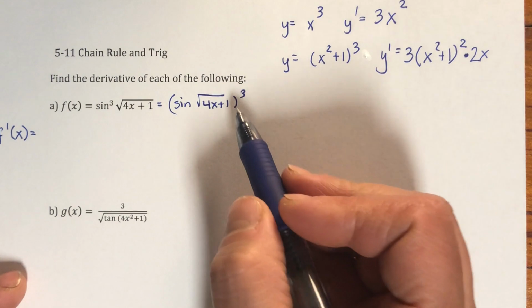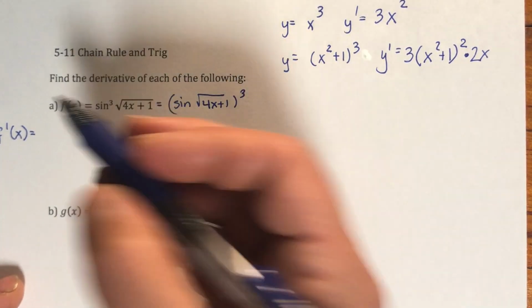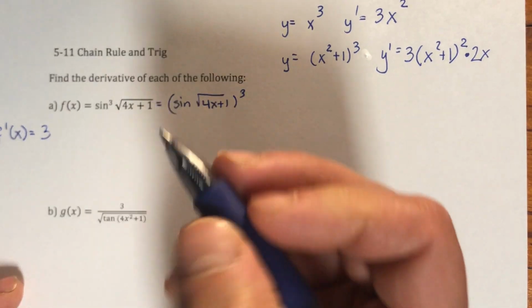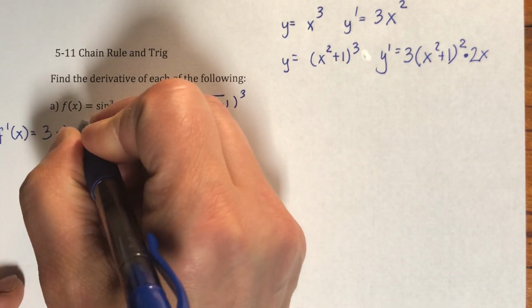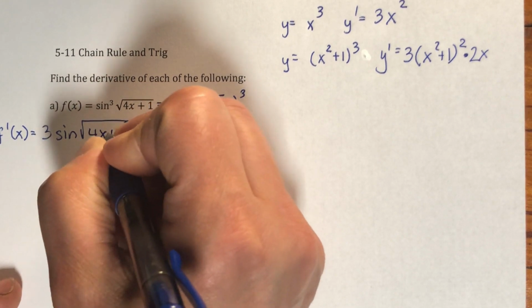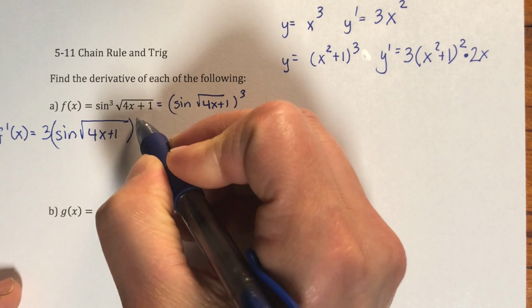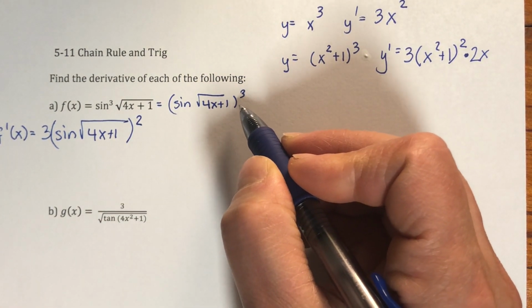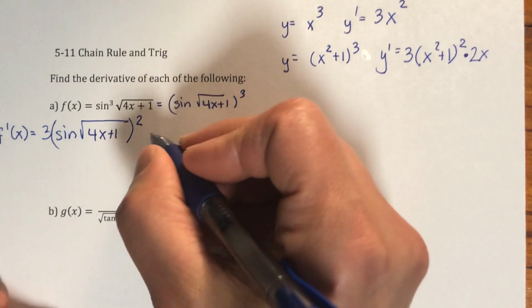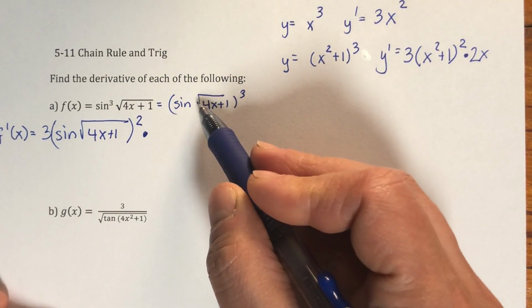I am going to say, well, I can kind of follow this track, and I can say I am going to have 3 times sine of square root of 4x plus 1. I am going to raise it to the power of 2. I am reducing or lowering one exponent, and I am going to multiply it by whatever the derivative of this is.